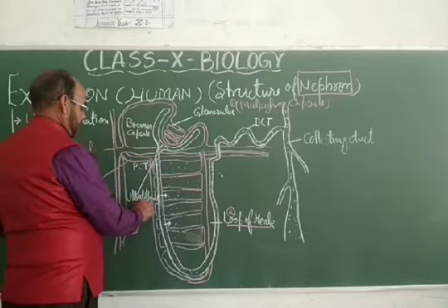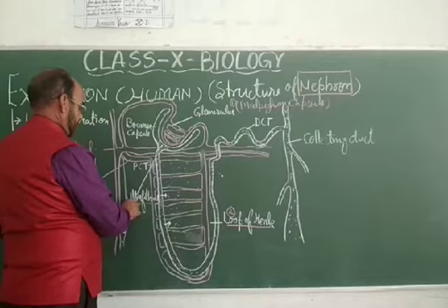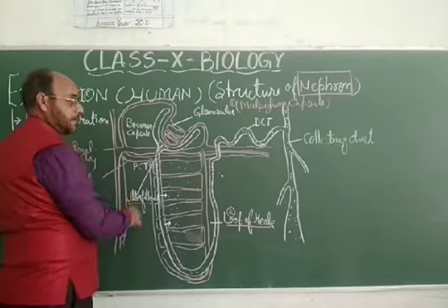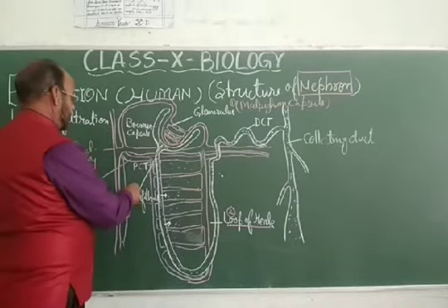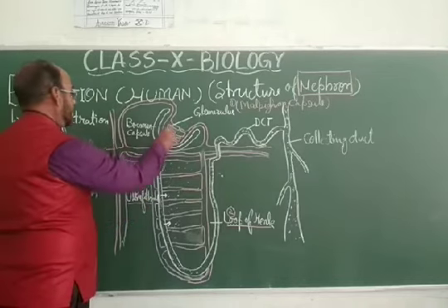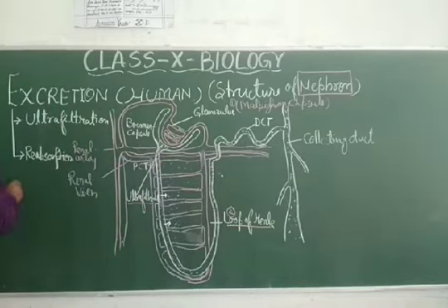The material which gets filtered from the blood vessels is called ultrafiltrate. This ultrafiltrate is also called glomerulus filtrate.